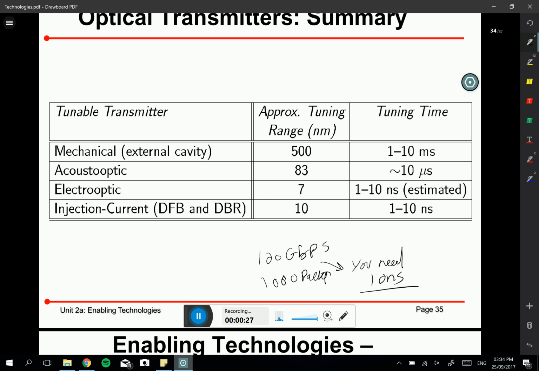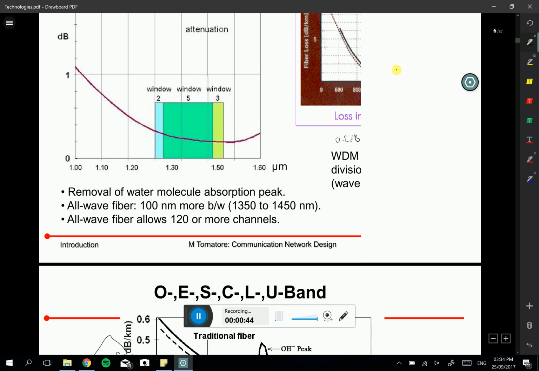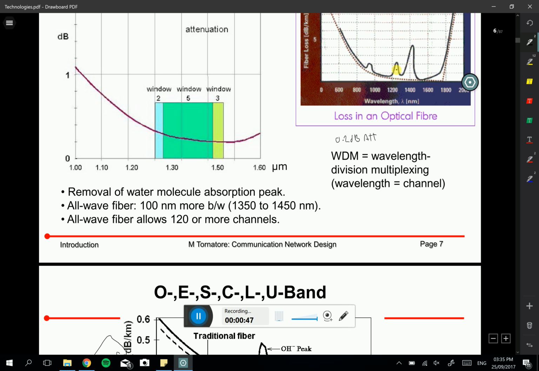Transmitters, so basically lasers, fibers, we need to know a little bit of propagation in fibers, multiplexers, or more in general, optical switches, any optical element which is able to switch directly in the optical domain, which is what we're going to do today, and an amplifier that we haven't covered also last time.